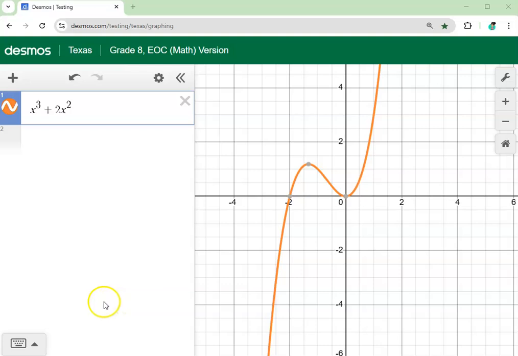So for x to the third plus 2x squared, we found these zeros. And on the x equals 0, we found the multiplicity of 2, which is the effect of that is that your graph will bounce. On here, the multiplicity is a 1, and that's why your graph had crossed this 0.